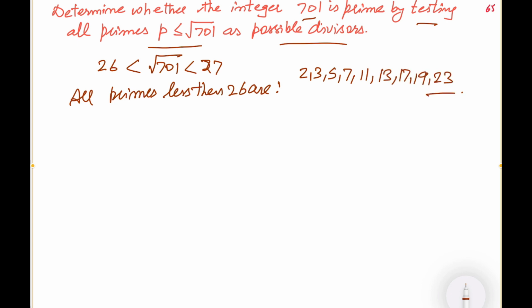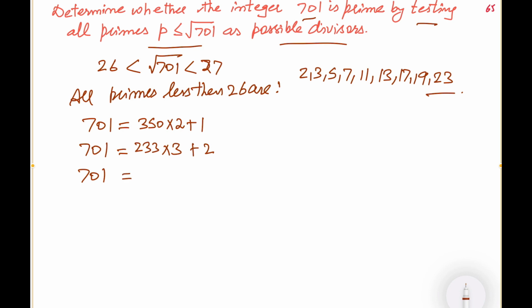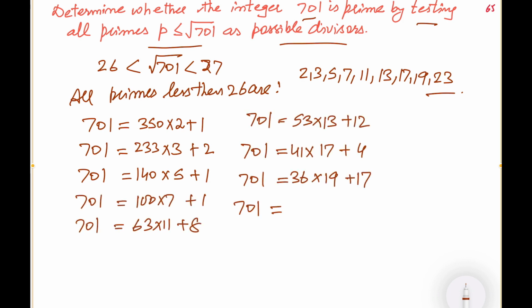So let's check whether any of these primes divide 701. When we divide 701 by 2, we get 350 quotient and remainder 1. Now we divide 701 by 3. Quotient is 233, remainder is 2. Now divide 701 by 5. Quotient is 140, remainder is 1. Let's divide 701 by 23.